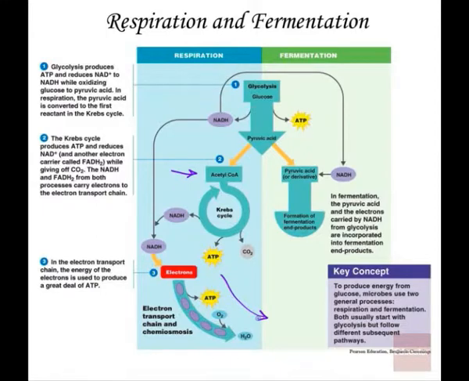And you can see that here we have production of ATP in the citric acid cycle, as well as production of ATP in oxidative phosphorylation.